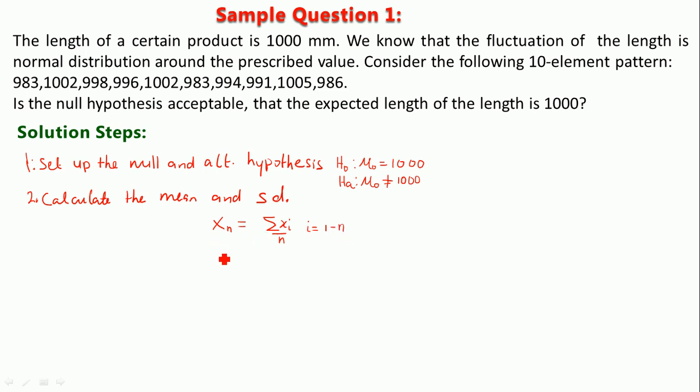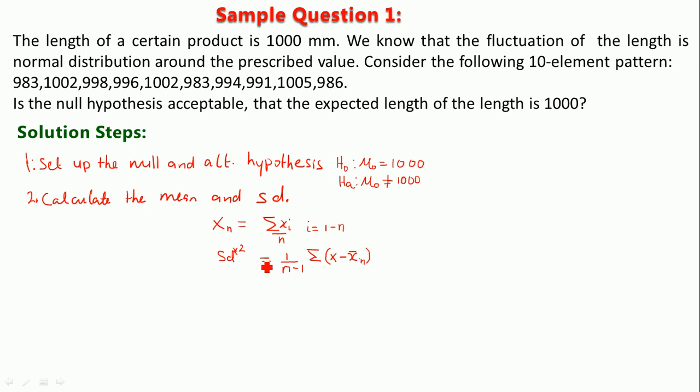So the standard deviation will be SD squared is equal to, the formula for standard deviation, 1 over n minus 1. You now take the sigma, also from i equal to 1 to n, of x minus x bar, squared.